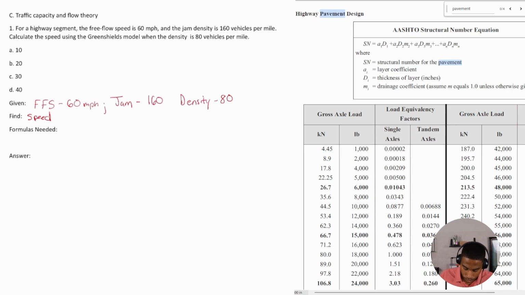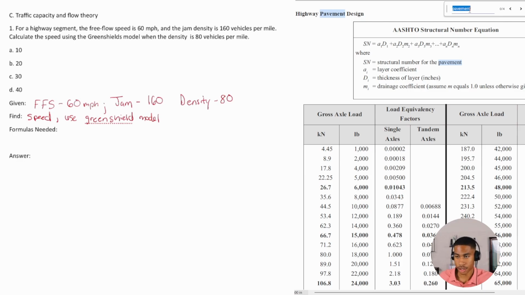And we want to use the Greenshields model. All right, so let's do a search, because I'm thinking we're probably going to need some formulas from the FE manual.